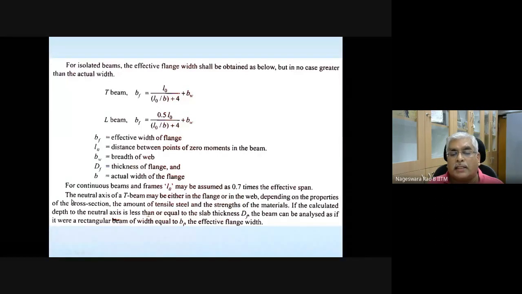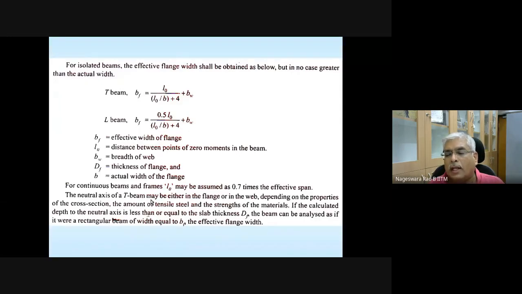Now let's read this. The neutral axis of a T beam. Now we have a flanged section. How do we go about analysis or design? First, let's look at analysis, which we already looked at.